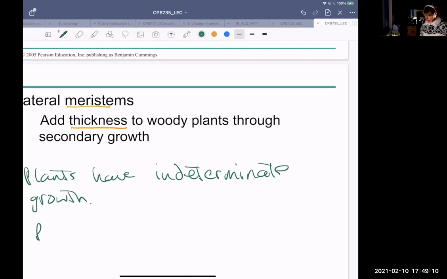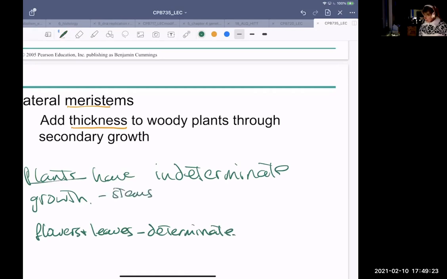Flowers and leaves are determinate. But the stems and roots are indeterminate. So they will keep growing their entire lives. It doesn't mean they're immortal, but it does mean that they can keep growing.